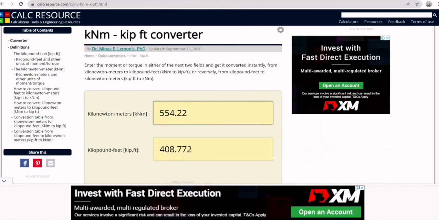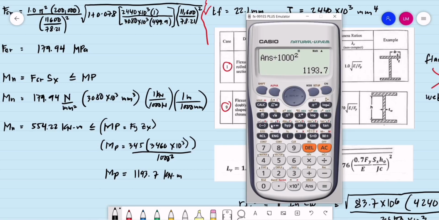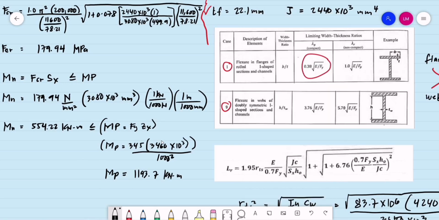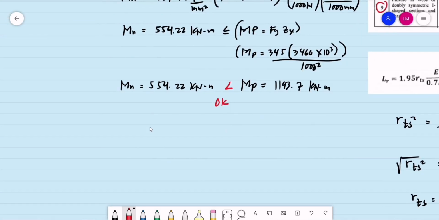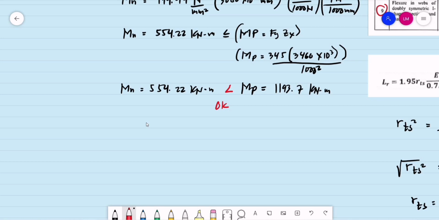So we have our nominal moment capacity M sub n equal to 554.22 kilonewton meter, which is less than M sub p. So this is okay.